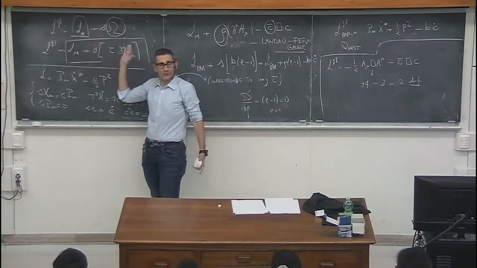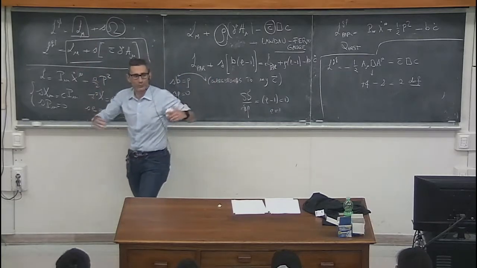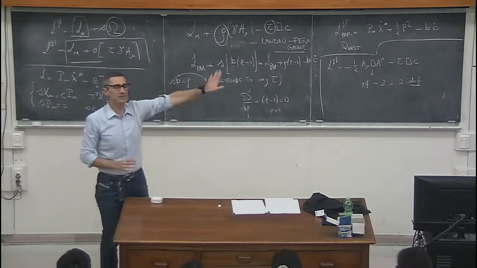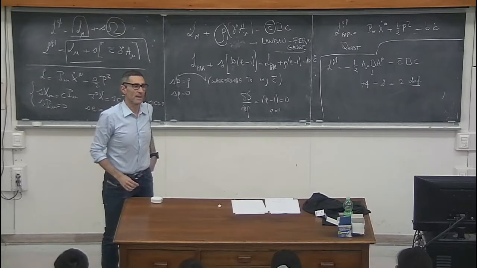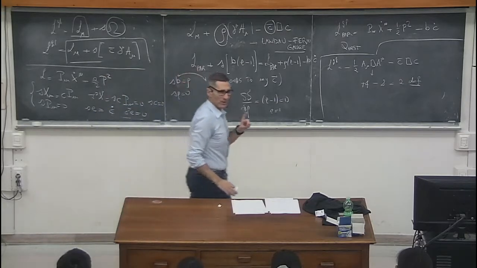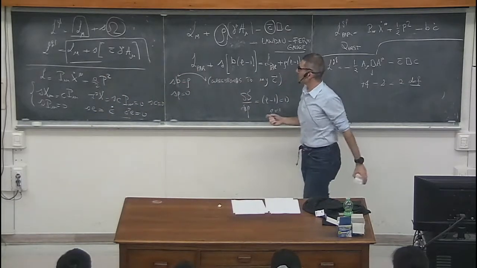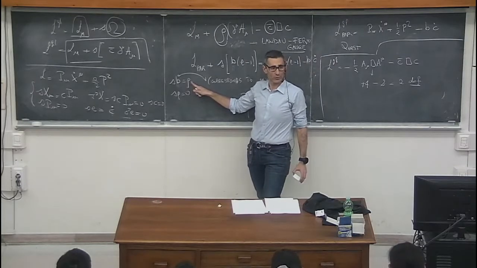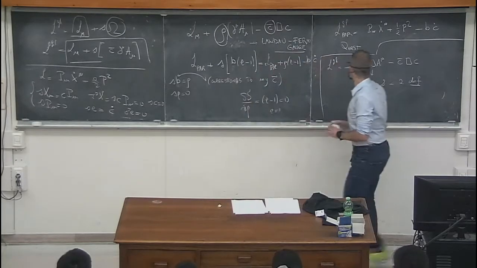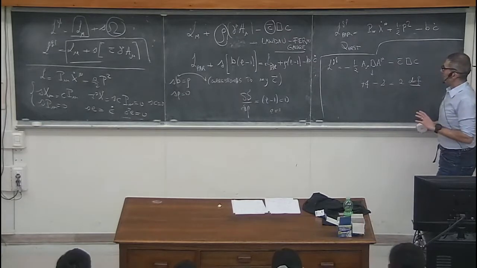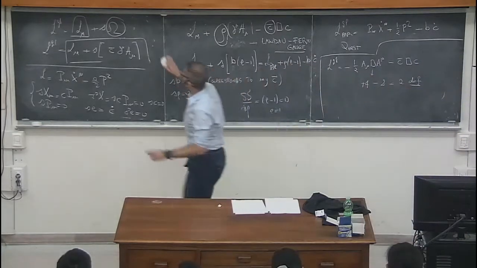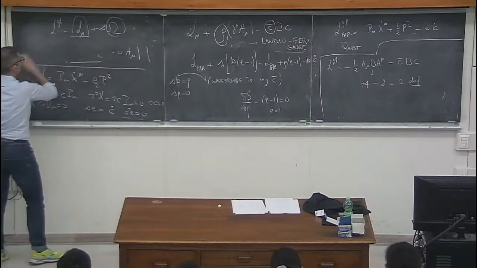All these frameworks allow you to use any gauge, but the BRST symmetry is given once and for all. Sometimes in the books, people don't introduce this rho. Let me show you why, because maybe it makes things more precise.